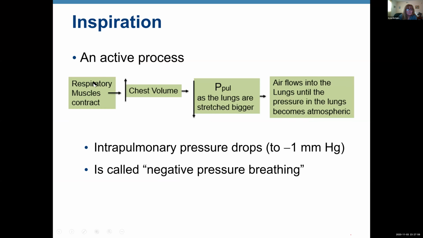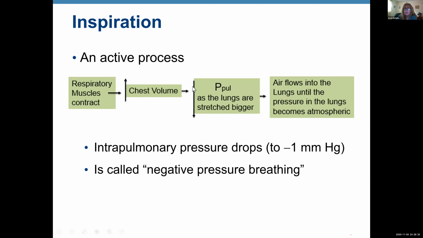Okay, so that's what it says. When the respiratory muscles contract, and what we mean here is mostly the diaphragm, so let's think about the diaphragm right now. When the diaphragm contracts, chest volume increases. Remember, when volume goes up, what's going to happen with the pressure? Pulmonary pressure decreases.